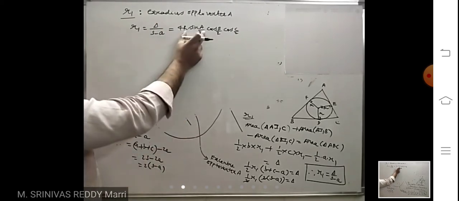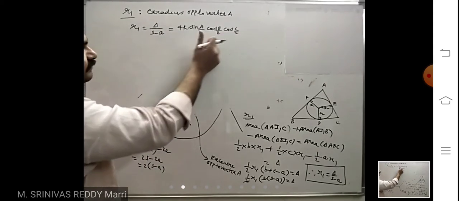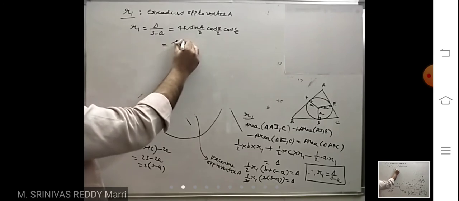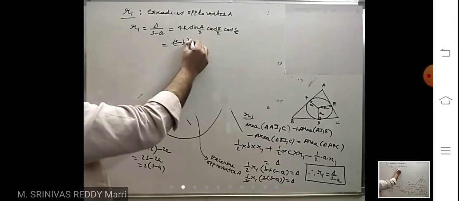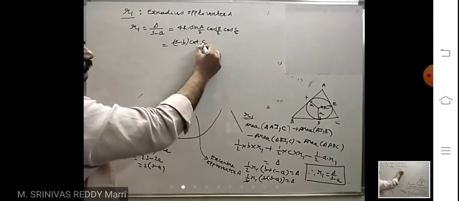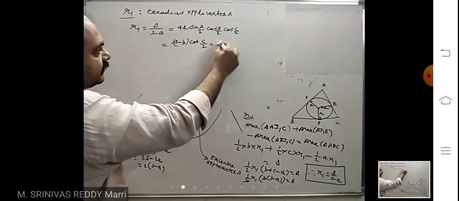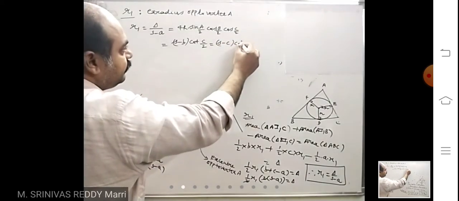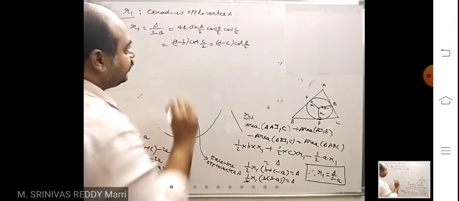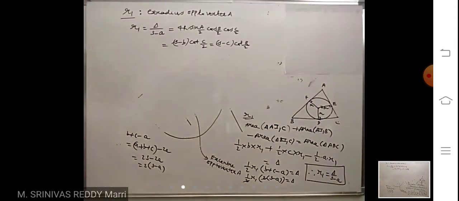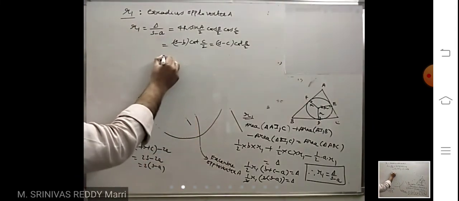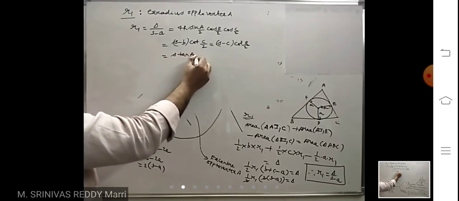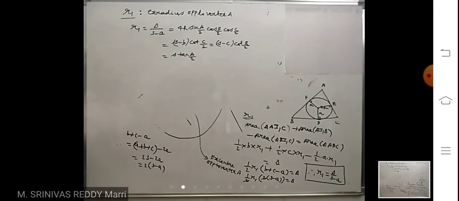First term sin A by 2 and the remaining cos will be there. So for R1, another formula is S minus B cot C by 2. Another formula is S minus C cot B by 2. These are the formulae. And another formula is S tan A by 2. These are the 5 formulae.